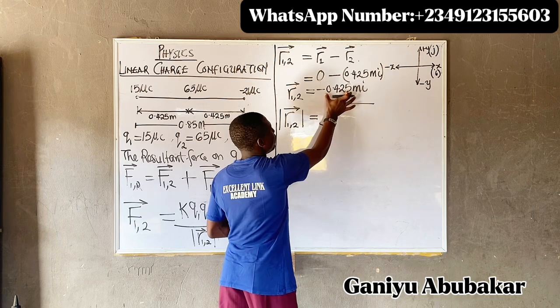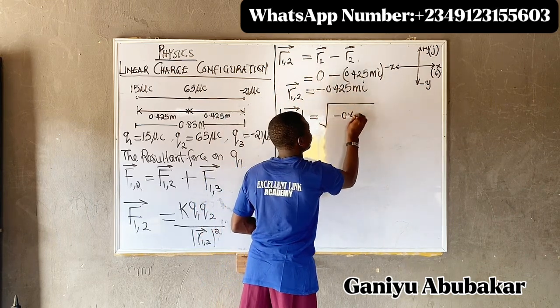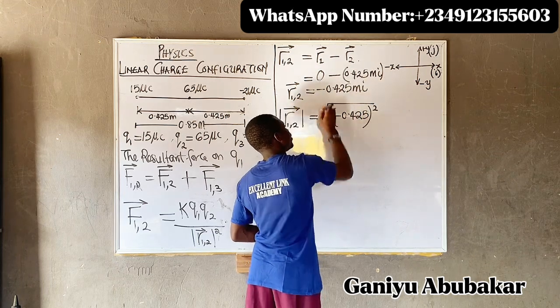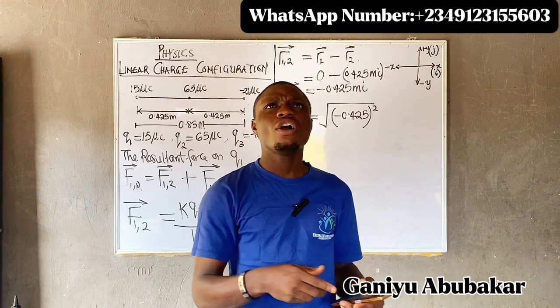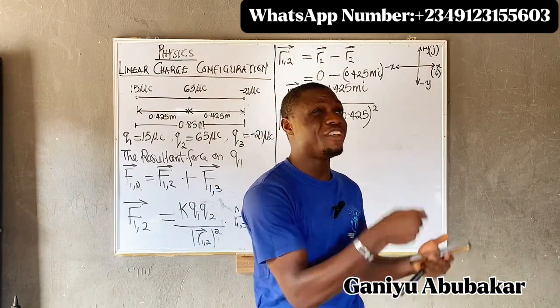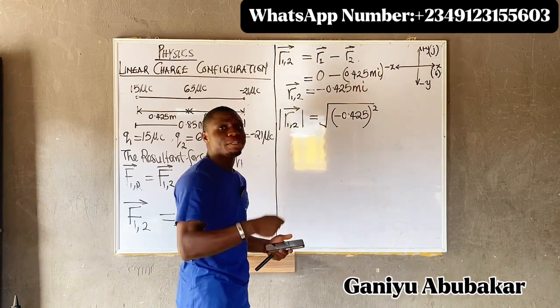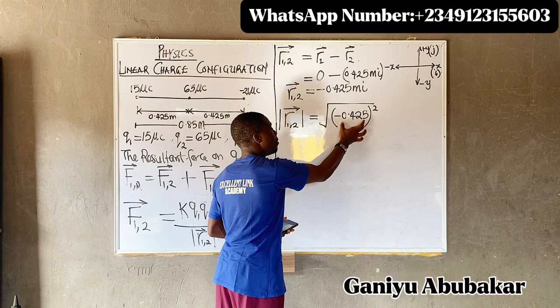What's the value here? This R12 is exactly what? Minus 0.425 meters. I will square it and attach a square root this way. So for magnitude, simply take the square root of the term and square it. That's all.